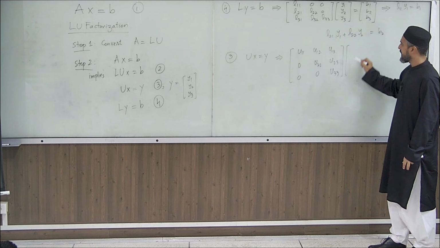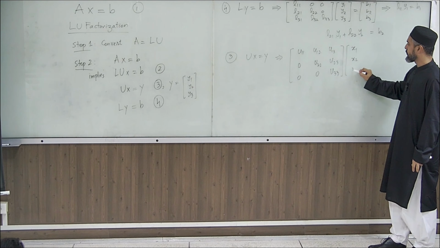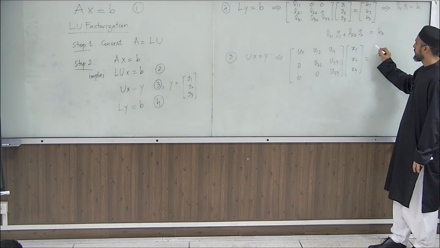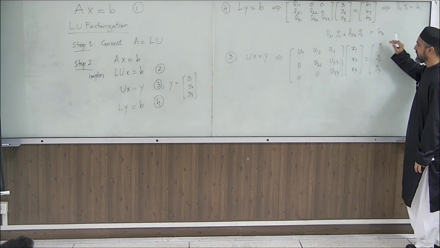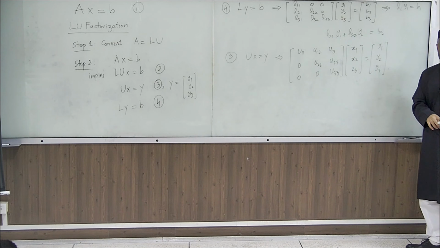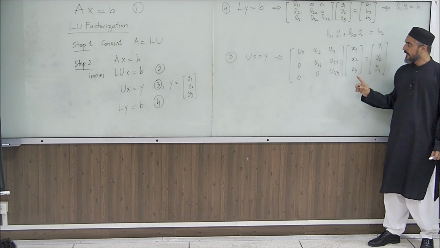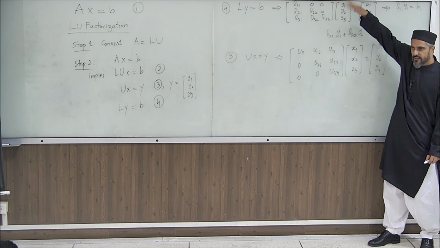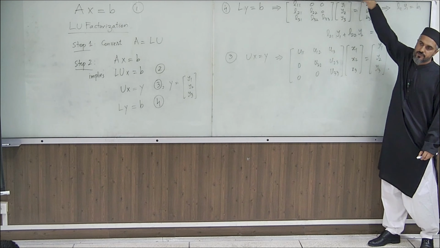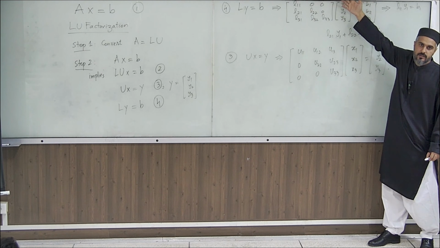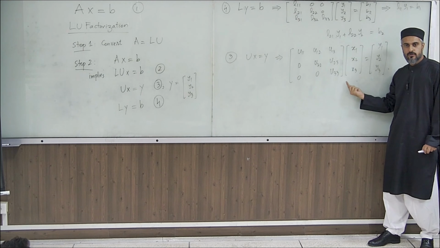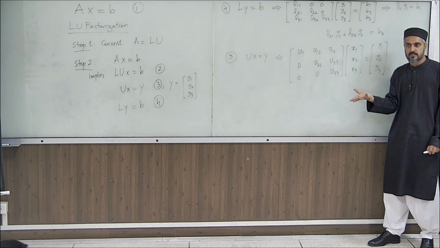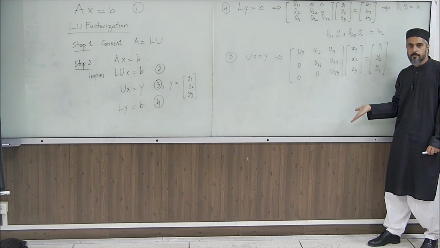What is x? x is the unknown vector we wanted to find, and y is y1, y2, and y3. So now you see, here you did the forward substitution. You started from the first equation, you find y1, then y2, and then y3. Now what you're going to do? You're going to do as you did in the Gauss elimination. You do the backward substitution.